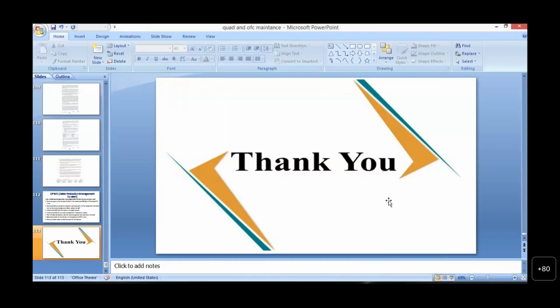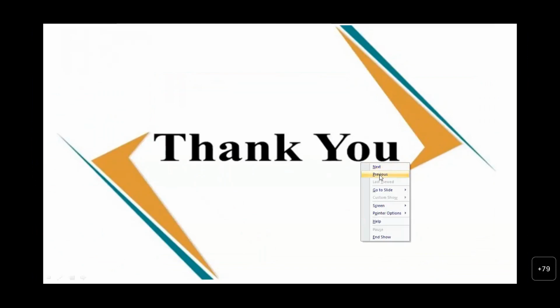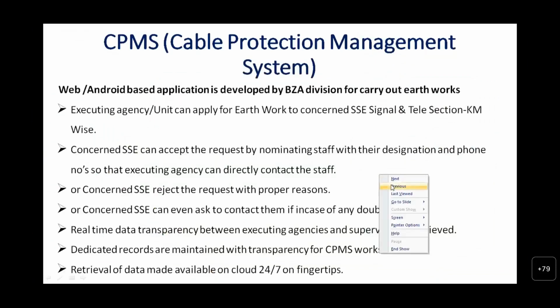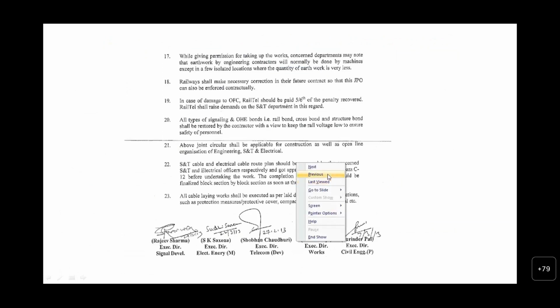I'll just show you once again the JPO. See, in case damage is caused to OFC or quad cable during execution of the work, the contractor is liable to pay a penalty for damaging the cable.